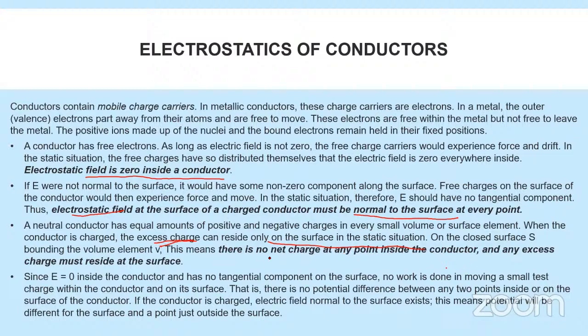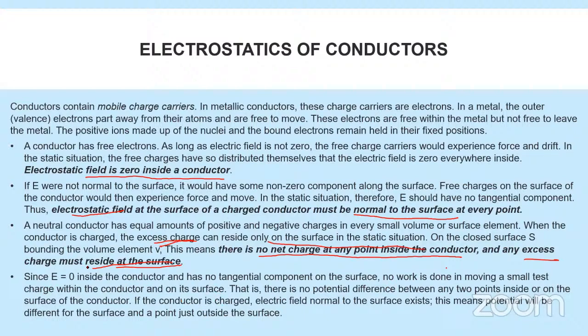Okay, so this is how we know that there is no net charge at any point inside the conductor, and excess charge will reside at the surface. Now since E inside the conductor is zero, and it has no tangential component on the surface, we can conclude that no work is done in moving a small test charge within the conductor and on its surface.